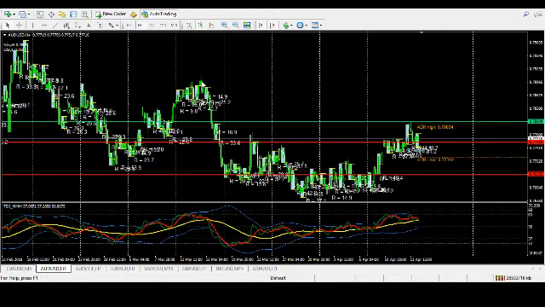I'm also going to take a trade here. This is going to be on the Aussie USD.